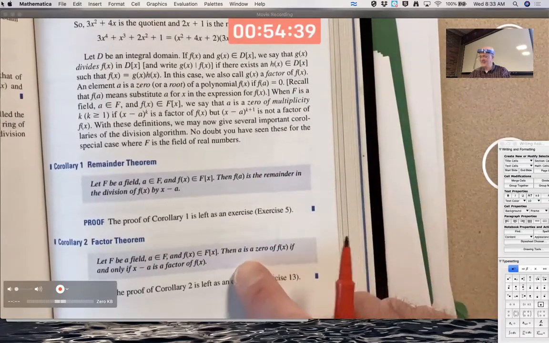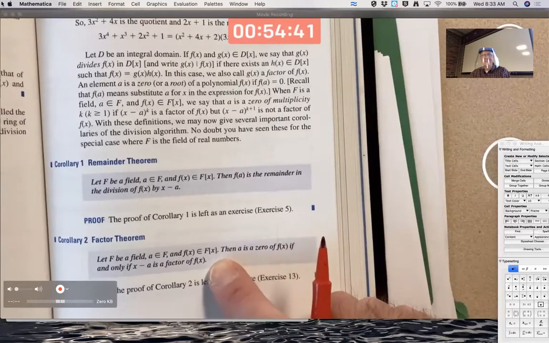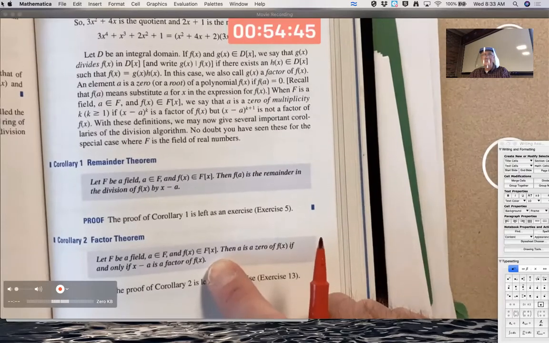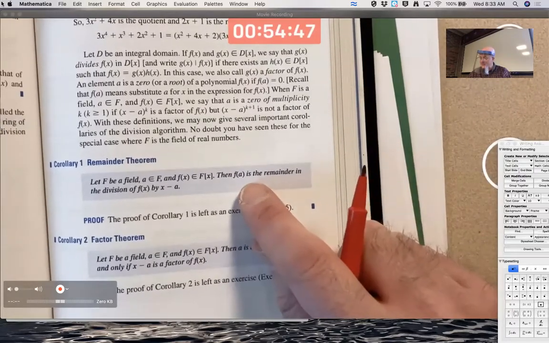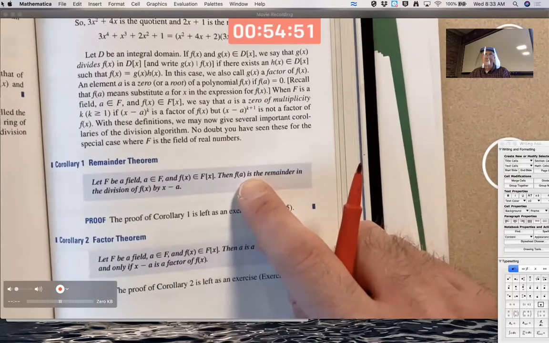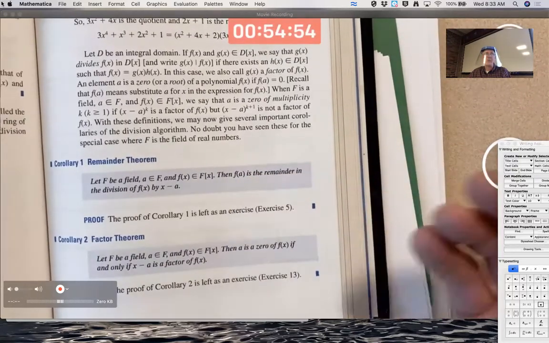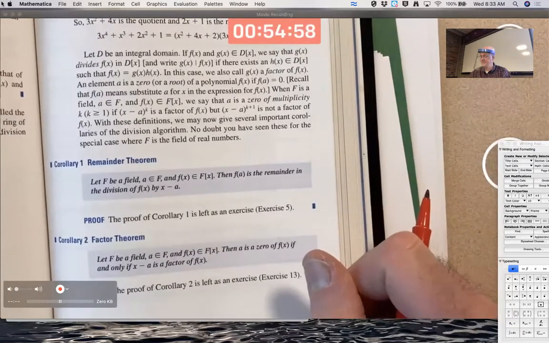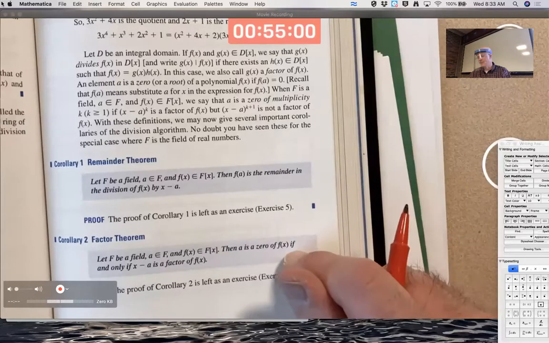A is a 0 of f of x, if and only if x minus a is a factor of f of x. Thinking about the case where x minus a is a factor of f of x, that means this remainder will be 0, but corollary 1 says that's the function value at a. So a has to be a 0, a root of this polynomial f of x. And it's an if and only if. It works the other way too.